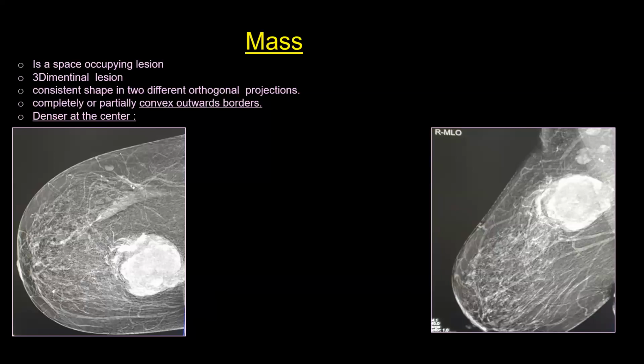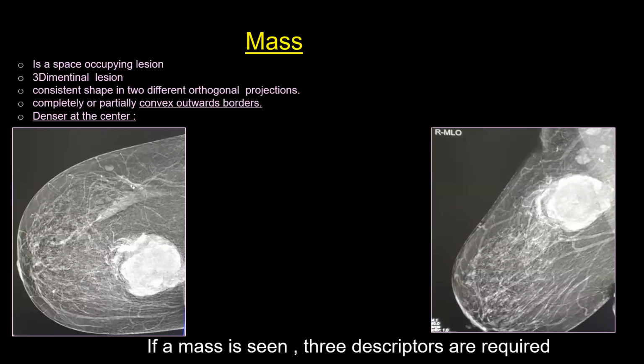So we call it a mass because it's a space-occupying lesion, three dimensions, one consistent shape in two different orthogonal views, with convex borders, and it is denser at the center.